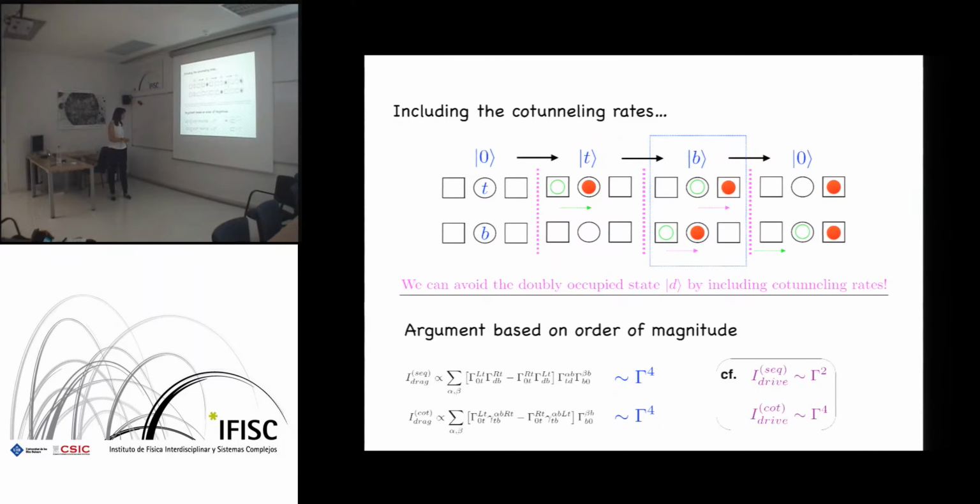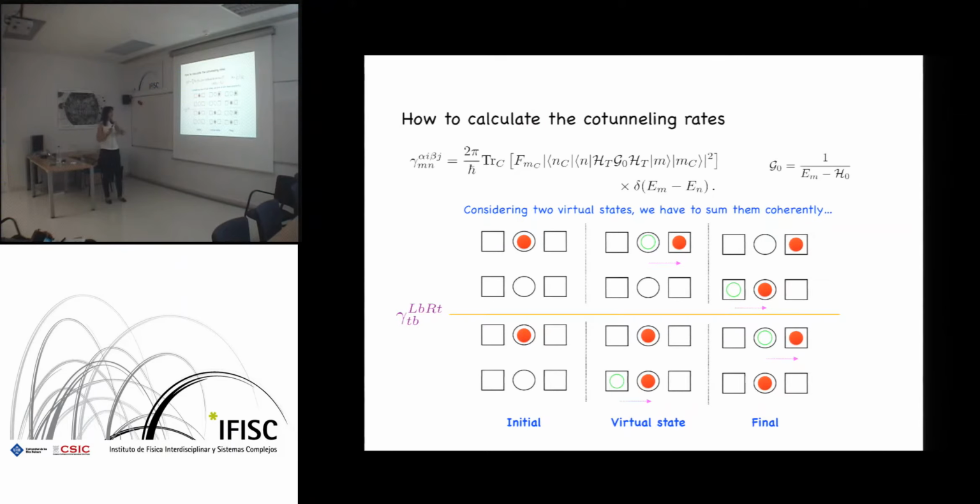So, well, to compute the cotunneling rate is a bit complicated because you need to calculate this quantity that involves a lot of integrals, etc. But it's important to know that if you have some initial state and final state and several virtual states, you need to sum all of them coherently. So in this respect, we are allowing more quantumness in our system.